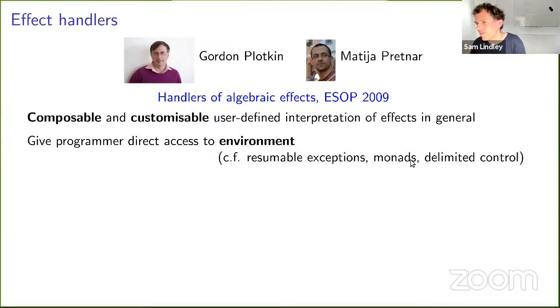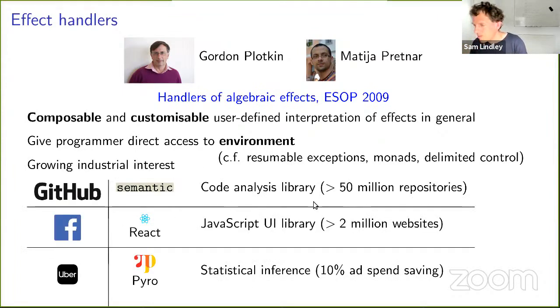They also allow you to do the same kinds of things as monads and limited control operators. In fact, effect handlers are a general structured form of delimited control. The crucial thing that they provide that some of these other things don't so well is the composability and customizability. And there's a lot of interest in industry in these things.